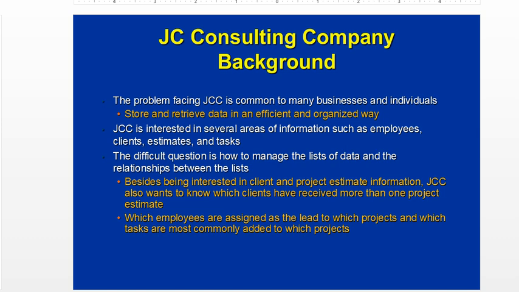Besides being interested in client and project estimate info, they also want to know which clients have received more than one project estimate, which employees are assigned as the lead to which project, and basically it's just an organization.